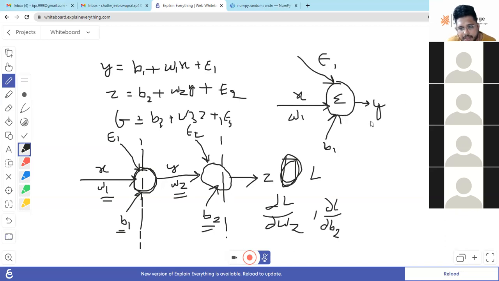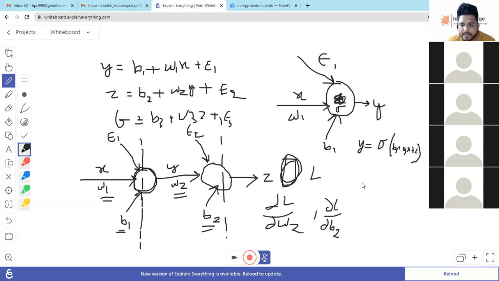Now, if I remove this and put some activation function like sigma, then what will happen? Y will no longer be a linear function. It will be a function of sigma, of B1 plus W1X plus epsilon.